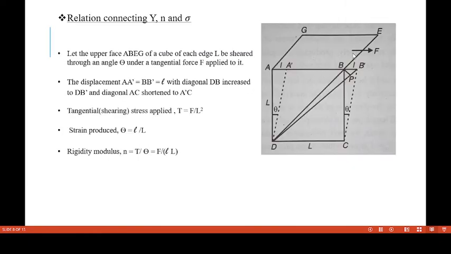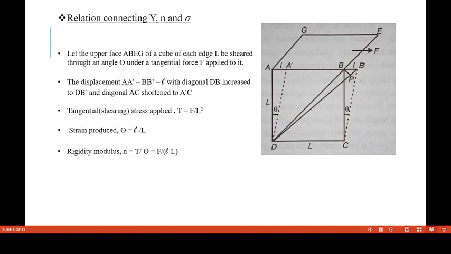So when we apply this tangential force along AB, which causes the tangential or the shearing stress, we know this diagonal dB changes to dB dash. So there is an extension of dB, or there is an elongation of dB.